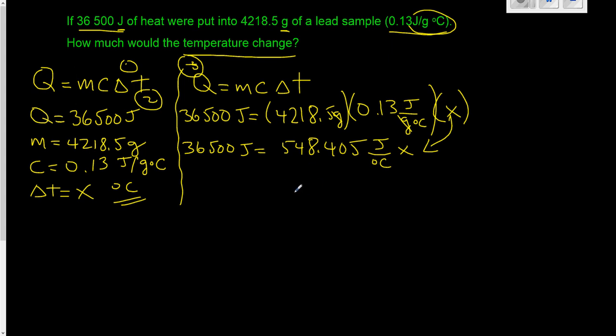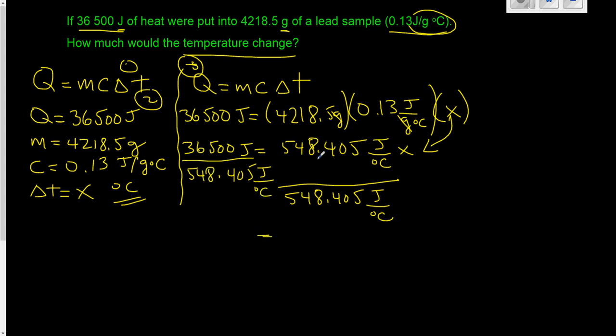We've isolated all our variables and combined all our terms, and we divide through by 548.405, carrying the unit, joules per degrees Celsius. That whole unit cancels, and we isolate our x, which is what we want.